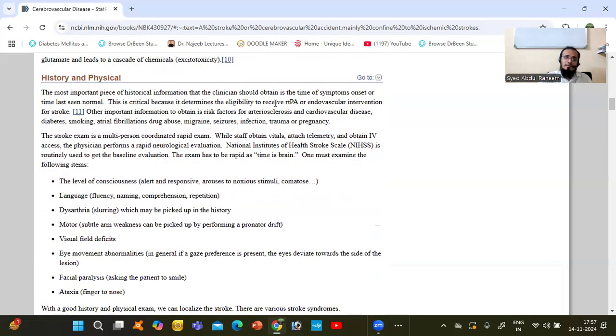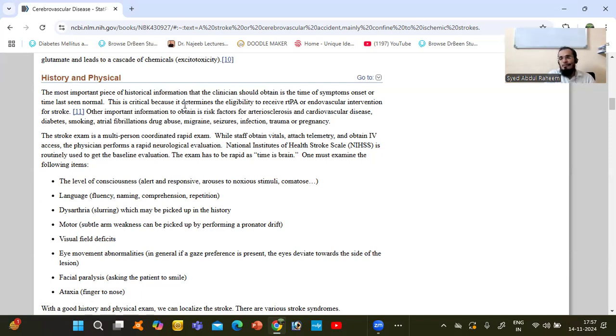So you have to examine the patient: history and physical. You have to take a proper history, the symptoms, and the onset of symptoms. When a patient comes to your clinic, you have to ask what the symptoms are, what happened. He will tell you, I have upper limb and lower limb weakness since 6 a.m. two days ago.